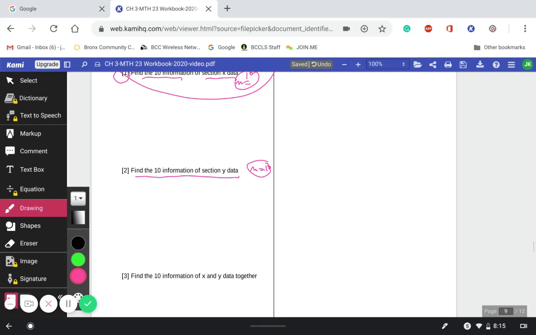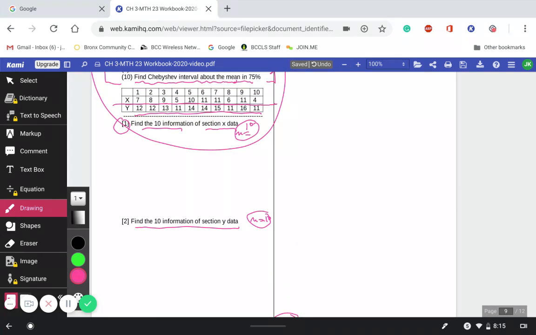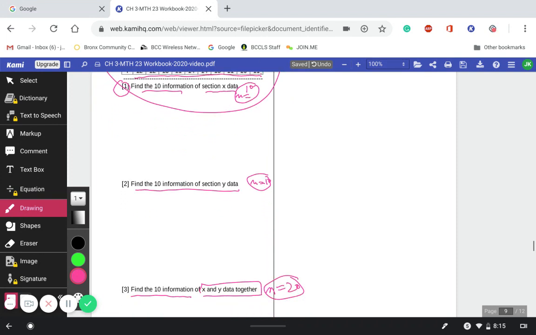The last one is find the 10 information of XY data together, which means now N becomes 20 because you're going to use all the data from 7 through 11, all the data, 20 data. So the purpose of these 3 exercises was you doing repetition of those 10 questions with the 10 of X data, 10 of Y data, and 20 of XY data. Okay?